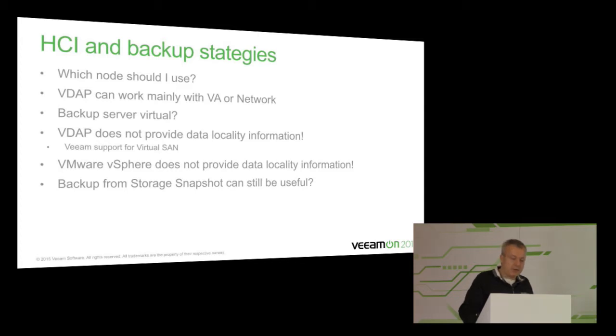This is not completely true because, depending on the hyperconverged solution, you can potentially have a backup program that acts locally, but you don't have real benefits compared, for example, to accessing through the network or to a virtual appliance on this host that reads the data directly. So should the backup server be virtual? It depends. For Veeam, at least the backup proxy should be virtual if you want to use the virtual appliance mode. You can have a physical backup server and just use the network mode.